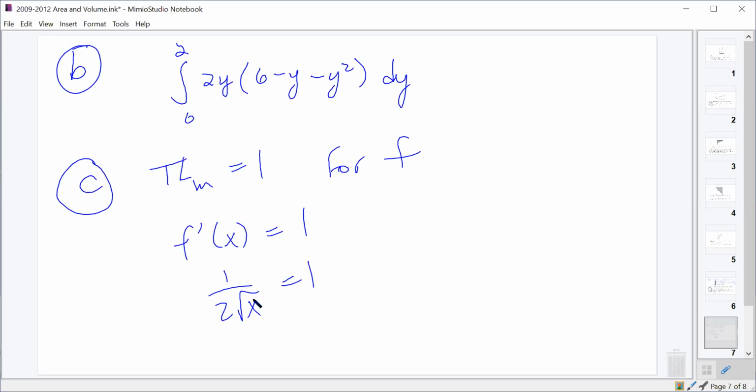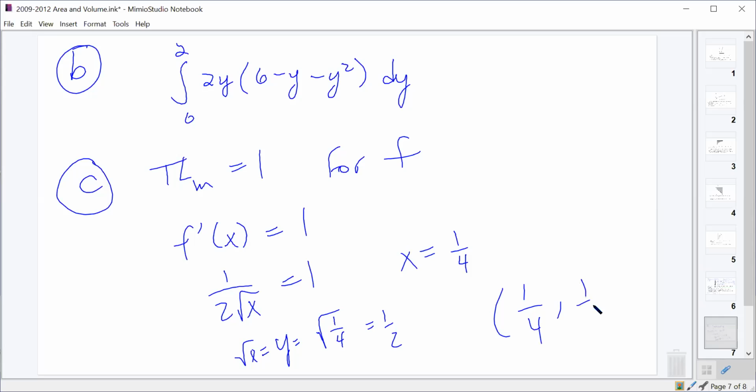Multiply by that, so root x equals 1/2, so x equals 1/4. And the square root of 1/4 for the y value: y equals square root of x, which is square root of 1/4, which is 1/2. And so the coordinates of the point are 1/4, comma, 1/2. Good or no?